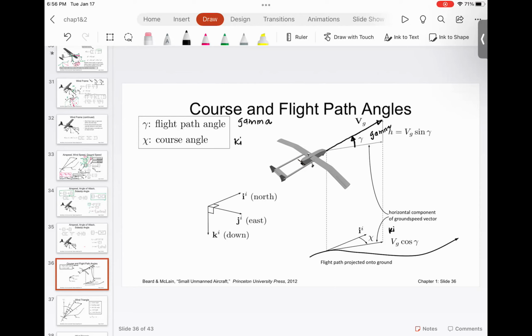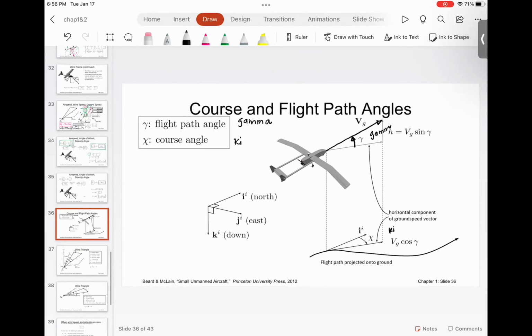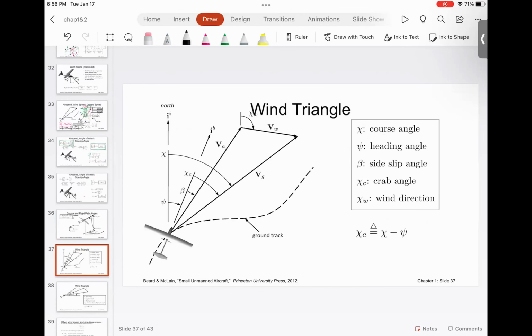And you can look at this in a little bit more detail. If you look from the top, this is the wind triangle that we talked about. This is the inertial frame, north, east, down. As you can see, X is going north, Y is going towards the east, and your Z is going in.